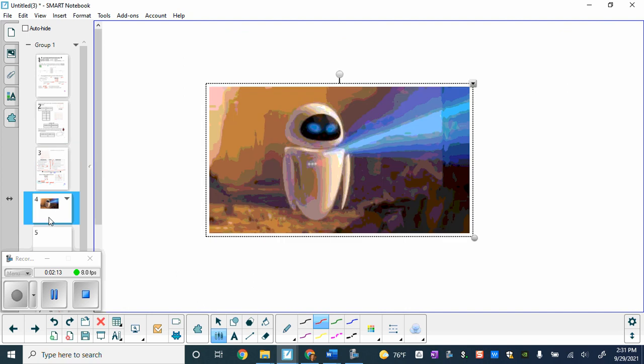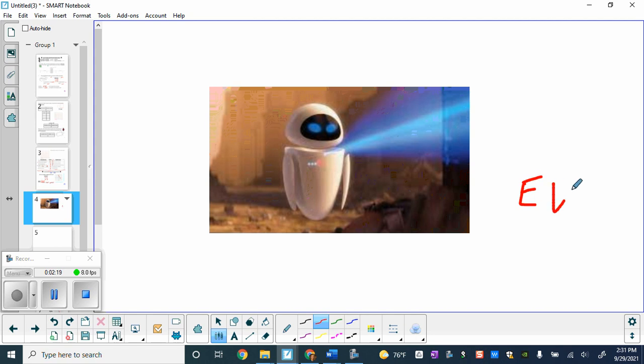Now, I think a lot of you have seen the movie WALL-E, and this is Eve. You might remember that from the movie. What Eve does is scan for plant life. This little thing comes out and she scans back and forth, left and right, to see if she finds any plants.